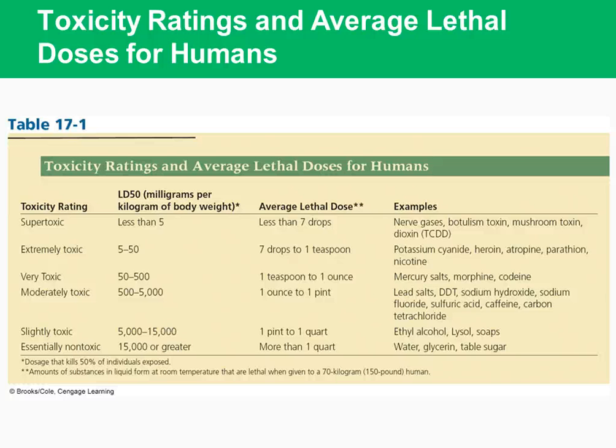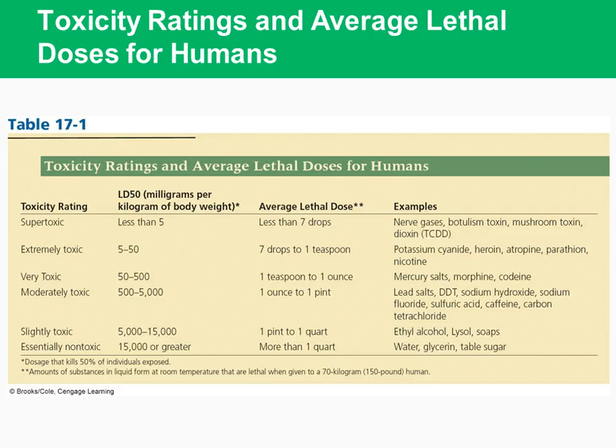Extremely toxic, you're talking 7 drops to a teaspoon. You see cyanide, heroin, parathion, that's like a pesticide flea dip thing, nicotine, okay? So when we talk about nicotine in cigarettes, it is an extremely toxic chemical. Very toxic, mercury, salt, morphine, codeine, recognize some of those as drug names.